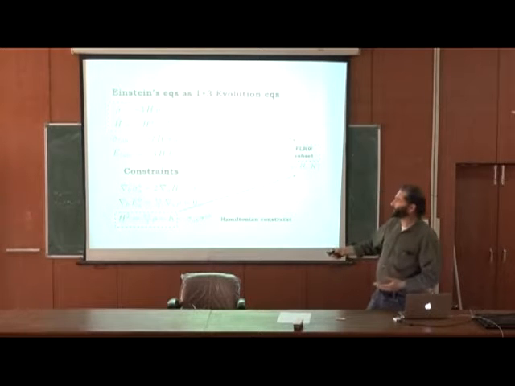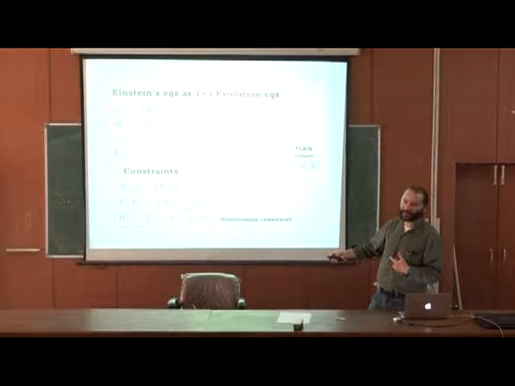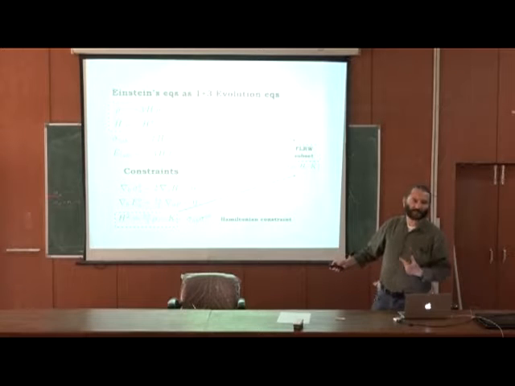From the constraints. Integrating these constraints, or spherical symmetry, is not sufficient for Szekeres, because in the case of Szekeres, these are partial differential equations with respect to spatial coordinates, right? These ones reduce to time derivatives. These are partial derivatives with respect to spatial coordinates.